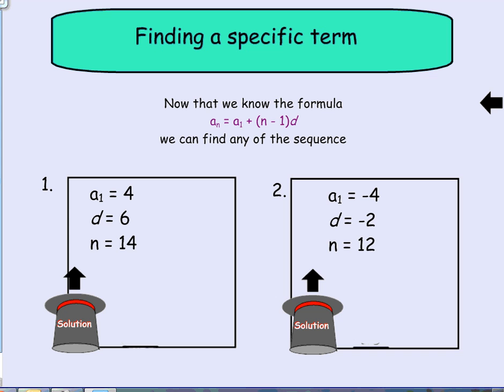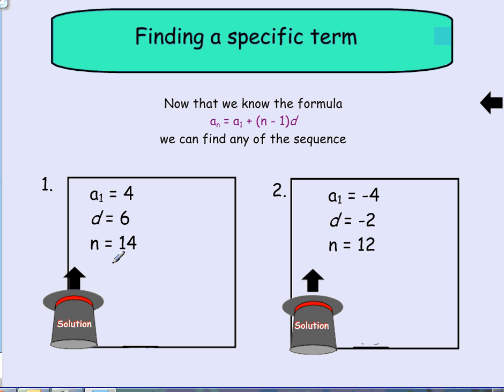So, for example, we want to find a specific term. We know that now that we know this particular formula, we can find any term in a sequence. So let's say my first term is 4. Okay, my difference is 6, and the term I'm trying to find is the 14th. And I'm solving for whatever nth term I'm trying to find. All right, so I can just plug this into my formula.